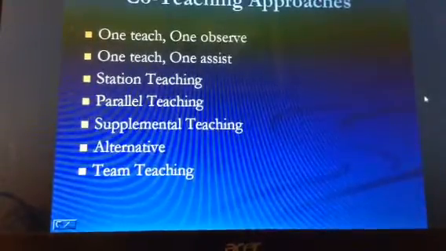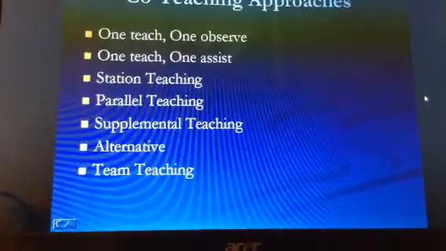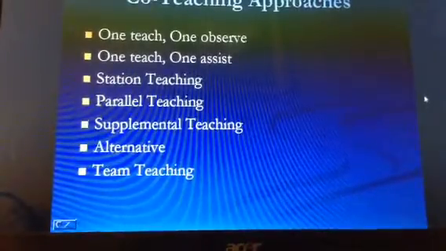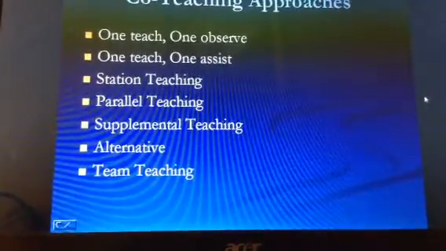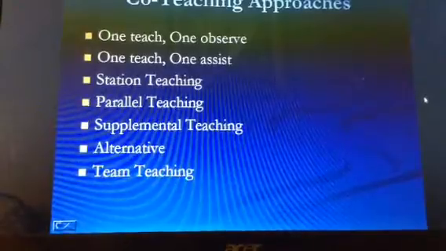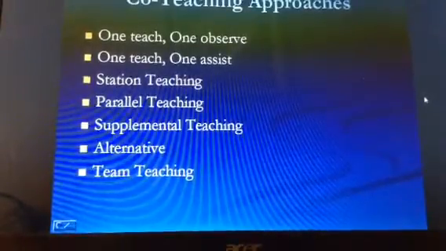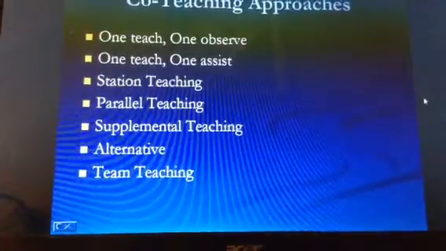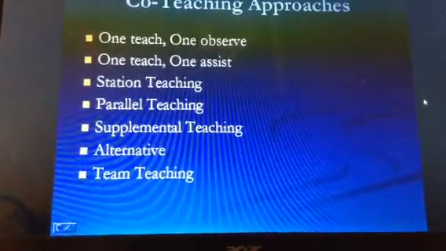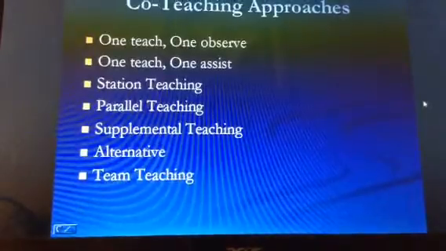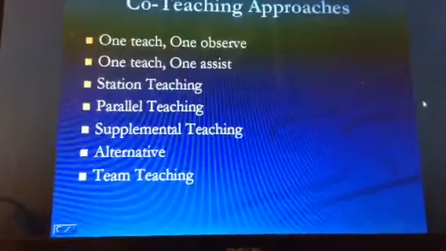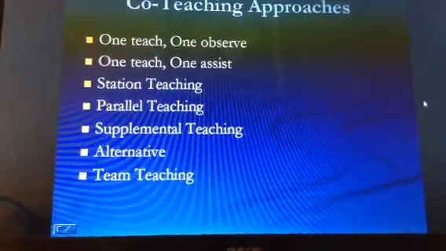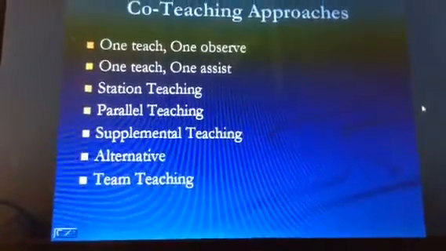Supplemental teaching is when one teacher works with the students at their expected grade level while the other teacher works with remediation. Alternative, which is differentiated, provides two different approaches to the teaching with the same information. And team teaching is well-planned team-taught lessons where the teachers share everything and they feel free to interject.